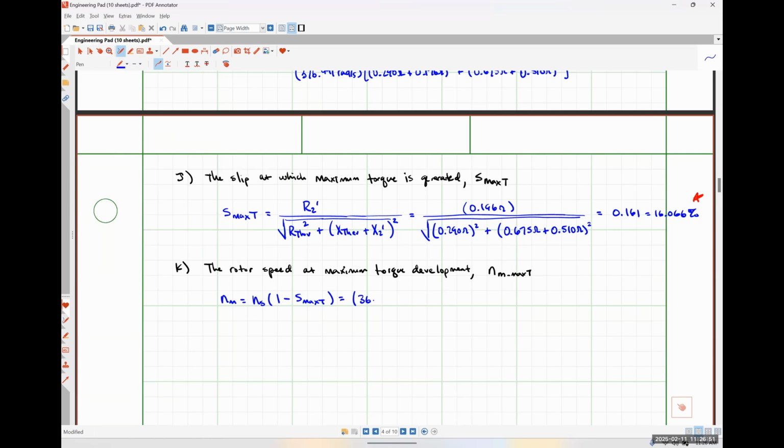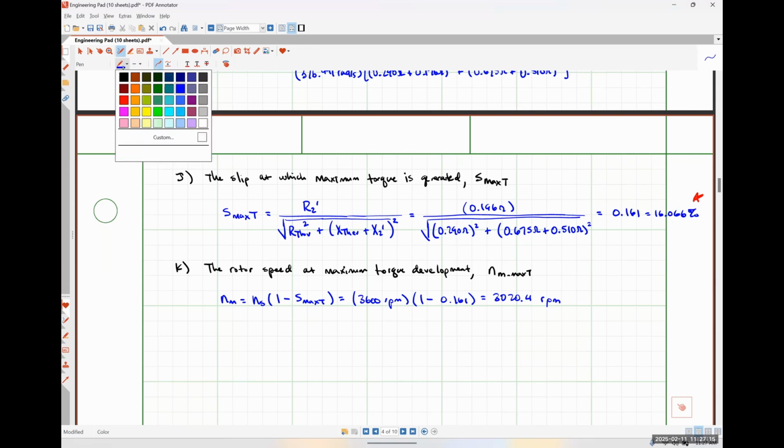So that would be 3,600 RPM, 1 minus 0.161. And this came out to be 3,020.4 RPM.